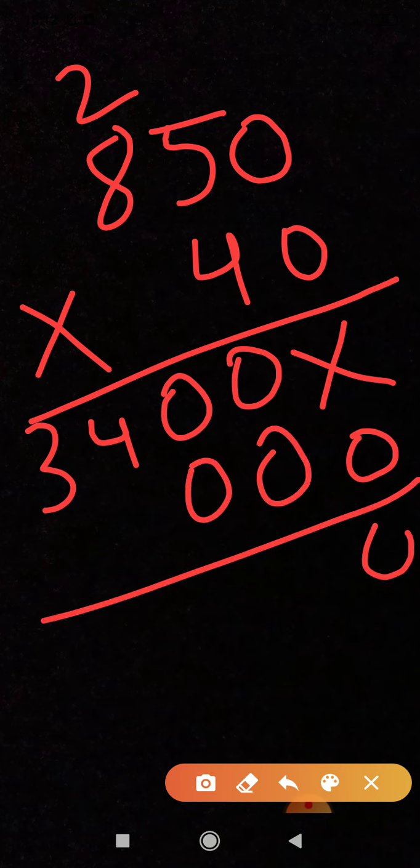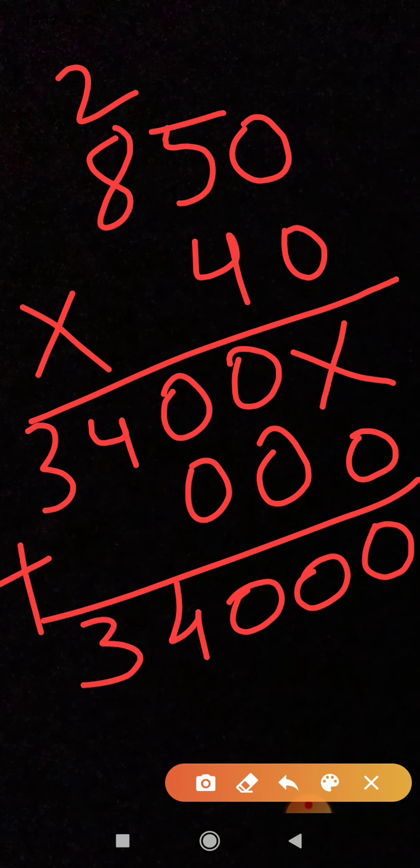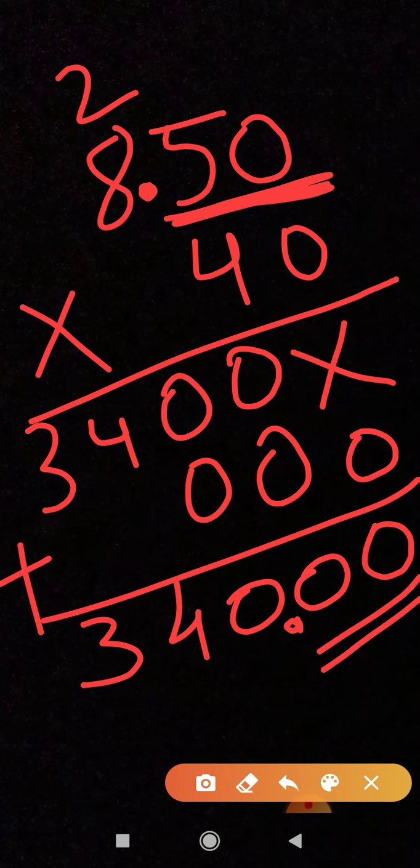So your answer is 34000. Now where was our point? Our point is in 8.50. That means 2 digits were after this point. So we need to put the point after 2 digits from behind. So your answer is 340.